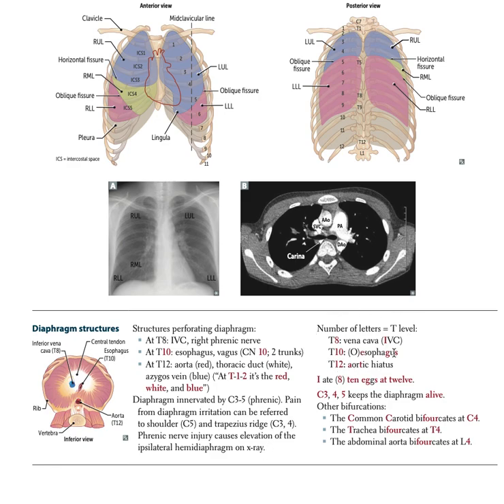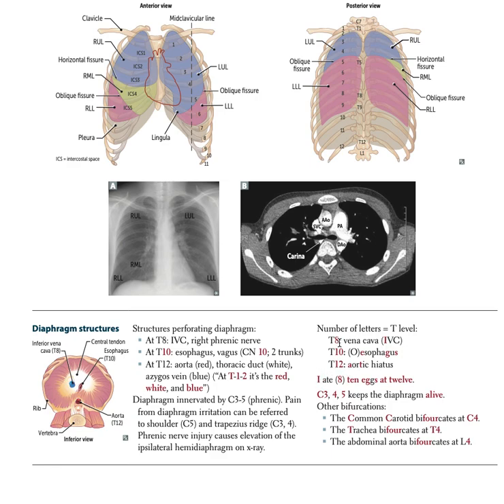So the mnemonic to remember the level of the diaphragmatic openings is that the number of letters is equal to the T level. So T8, vena cava has 8 letters, so it is at the level of T8. Esophagus has 10 letters, so it is at the level of T10. Aortic hiatus has 12 letters and it is at the level of T12.